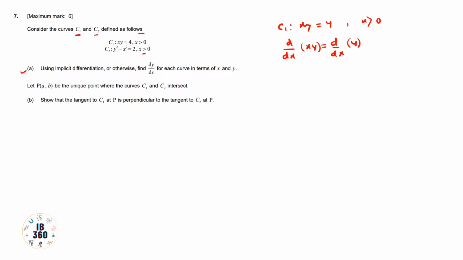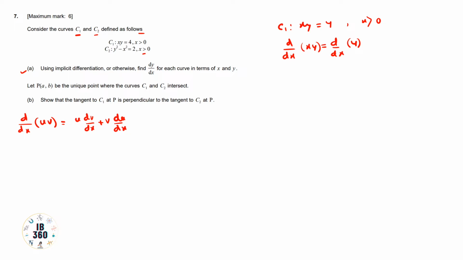Now the rule that we need to apply here is the multiplication rule, that is d/dx of uv, where u and v both are functions of x. Then it becomes u dv/dx plus v du/dx.